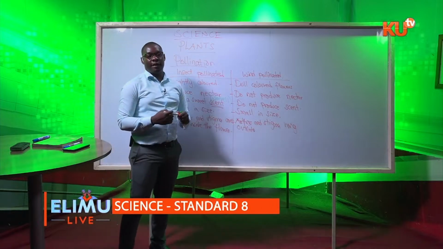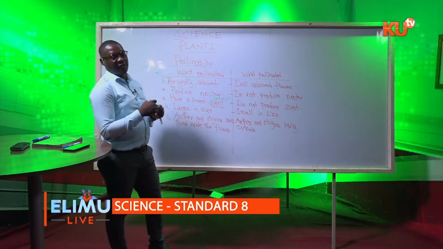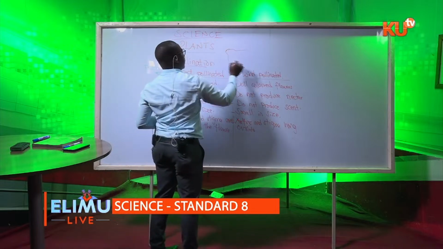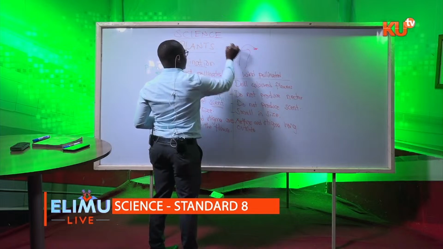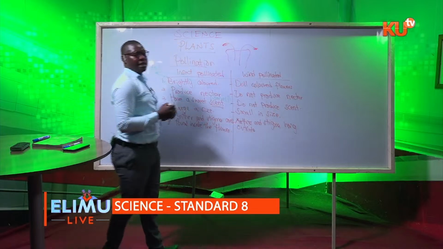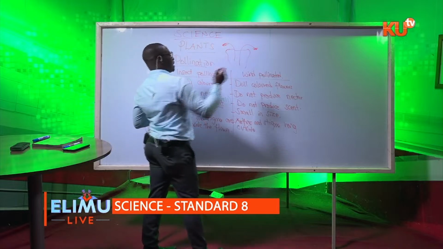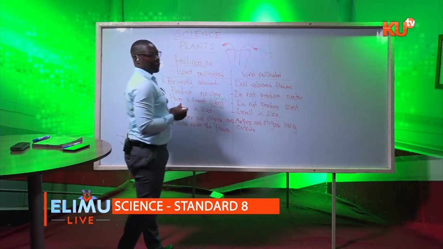For wind-pollinated flowers, if the anthers are inside the flower and the wind is blowing, they need to hang outside, because as the wind is blowing, it will blow away the pollen grains and they will move together with the wind.